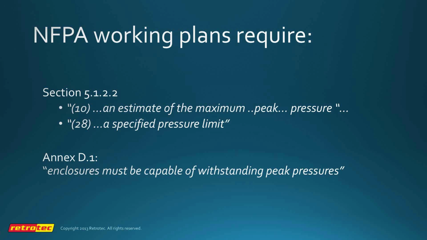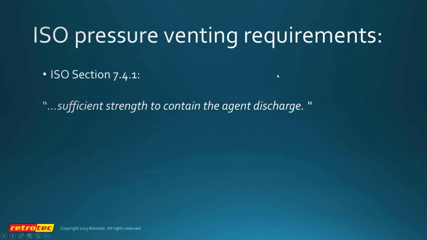They now have to do an estimate of the maximum peak pressure, and they have to specify the enclosure pressure limit. So these are two new things that have to be done, and this is all reflected in Enclosure Integrity software and the training, which we'll get into in a moment.